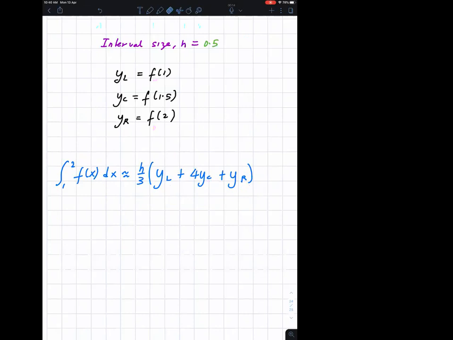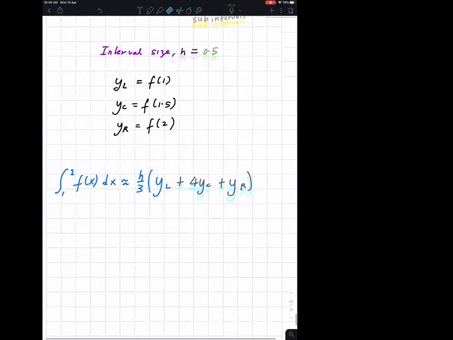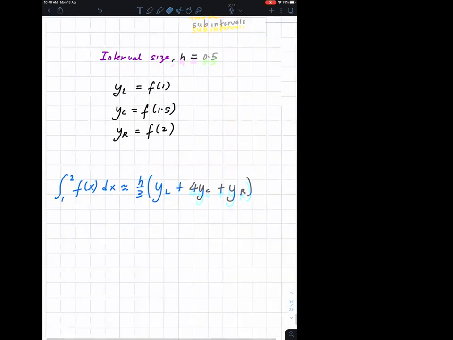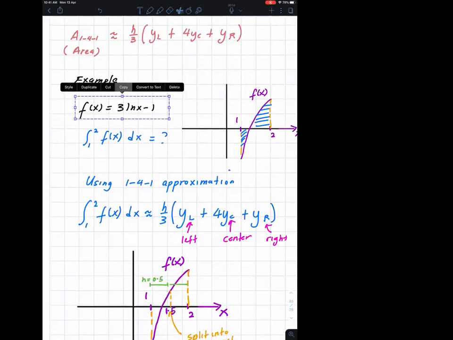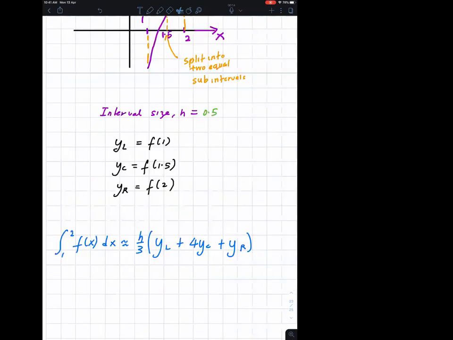Okay. Y left is F(1). If we go back to this equation, this is f(x). So when you put in 3 ln 1 minus 1, I'll show in detail how to evaluate this.